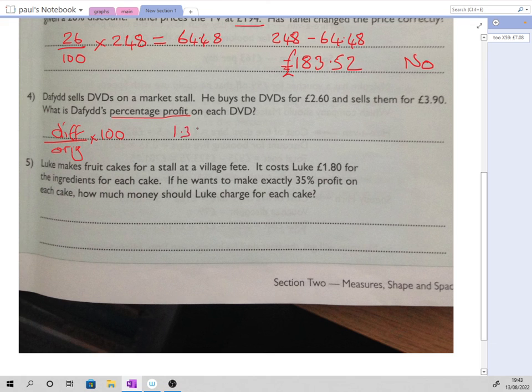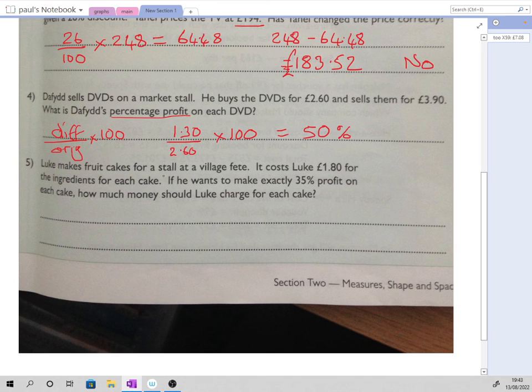So £1.30 divided by the original, which is £2.60, and times it by 100. I can see what that comes out as, because that's good numbers, yeah. £1.30 divided by £2.60, times that by 100, 50%. Yes, of course it is. £1.30 is half of £2.60.